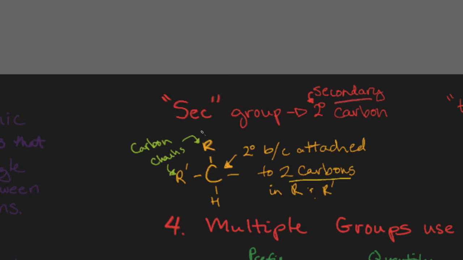It can have 10 carbons, it can have 1 or 2. It's just used to represent different carbon chains. So there are 2 carbons, so that's a sec group. Depending on how many other carbons are attached, you can have sec-butyl or things of that nature.